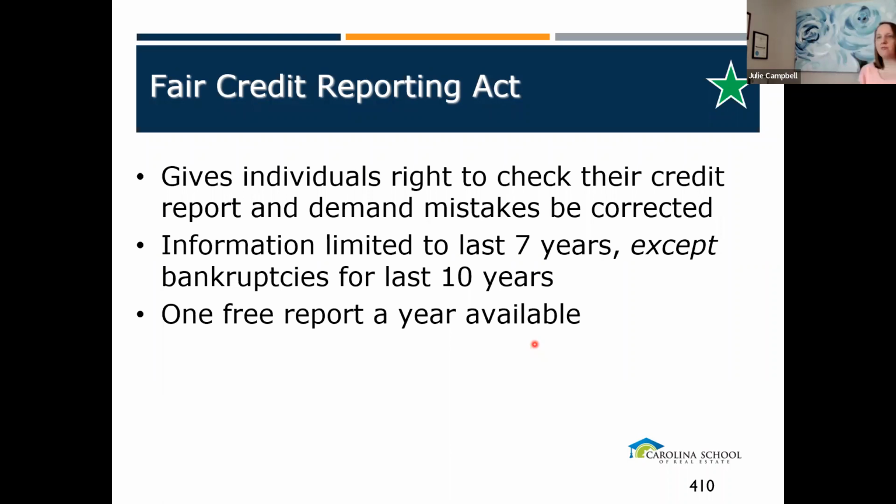So we have the right to check that. There are several different sources, and that credit report gives us your credit history for the last 7 years. Bankruptcies stay with you a little bit longer, for 10.